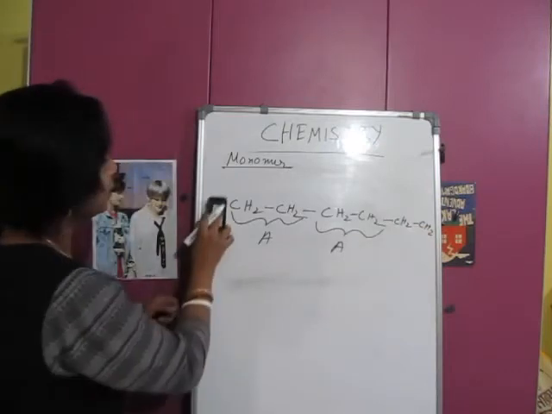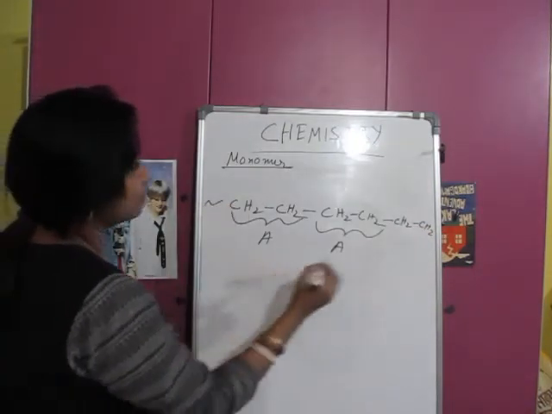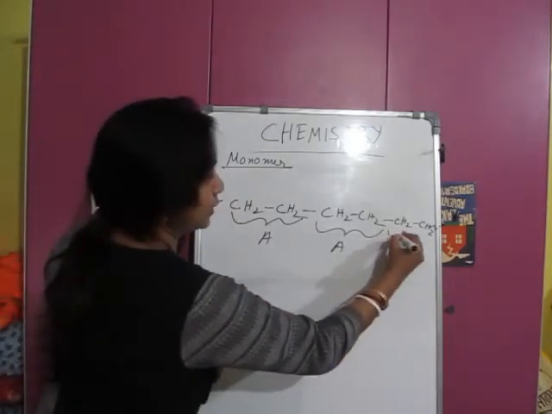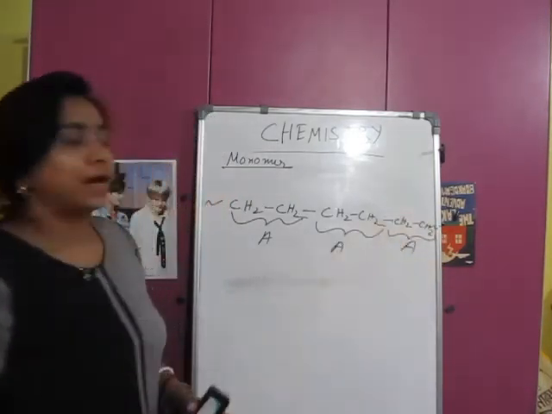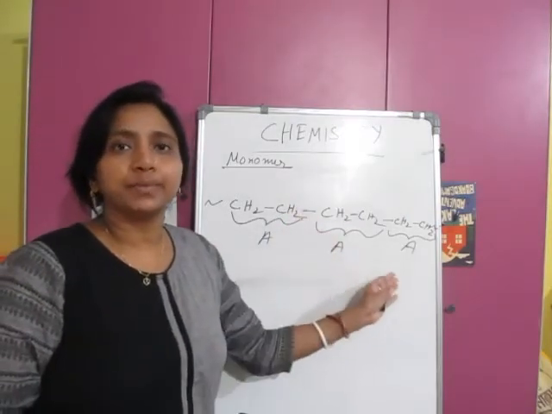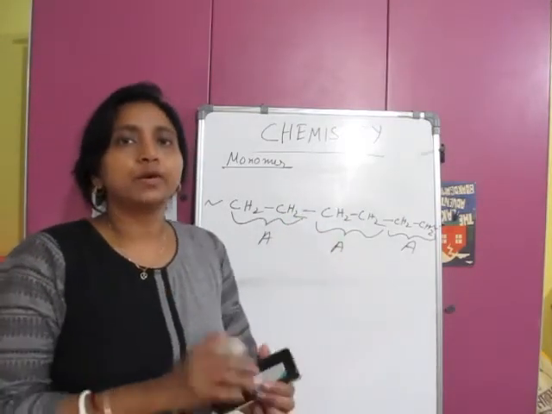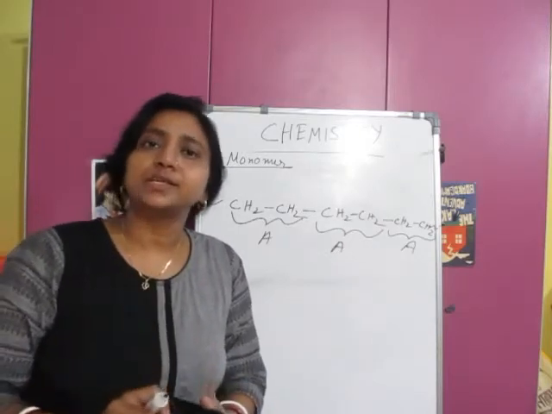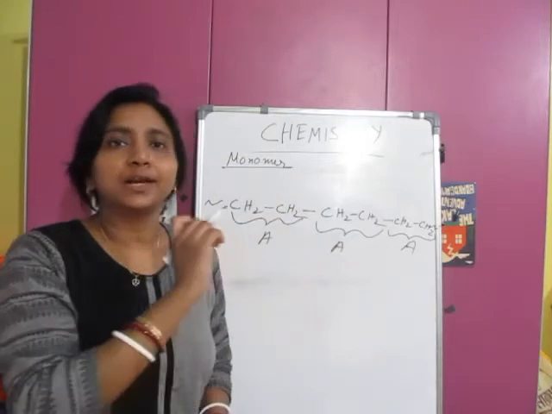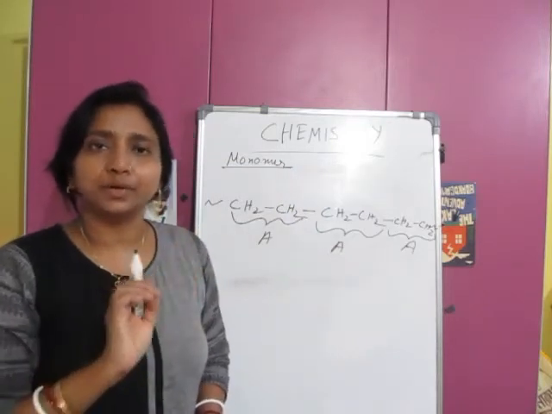And for the continuation, we will give this type of symbol. So here is the repetition of the units. So you understand the features of the polymer. There must be a repetition of unit, repeating of the unit.